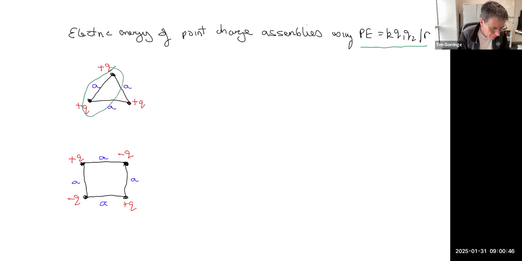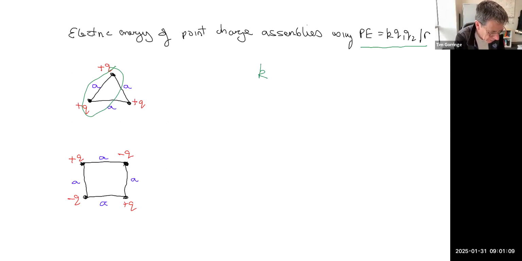The top and left-hand charges are a pair in the triangle, and we can apply the equation for the electrical potential energy of a pair to that particular pair. So the electrical potential energy of that pair would be K, the Coulomb constant, times the product of the charges.